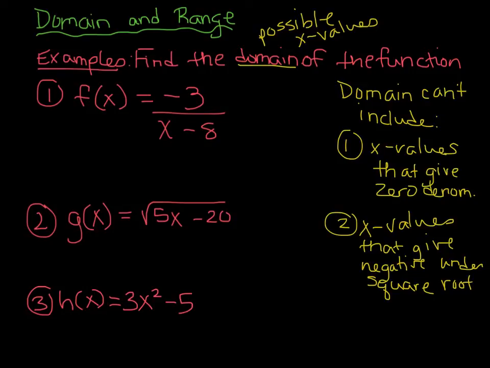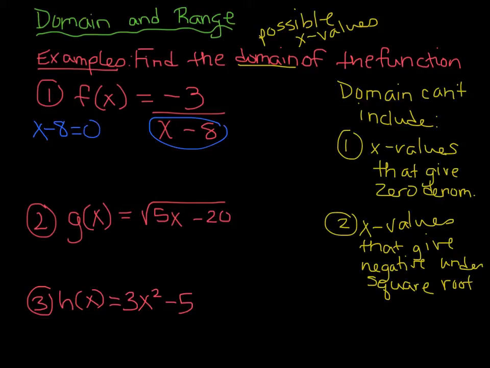So for number 1, you can see that there is a potential to get a 0 denominator. And what you can do is you can look at this denominator, x minus 8, and you might be able to figure out in your head what value of x would give you a 0 denominator. The other way you can do it is you can actually write an equation out.